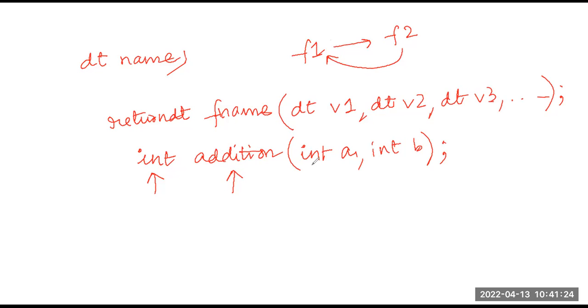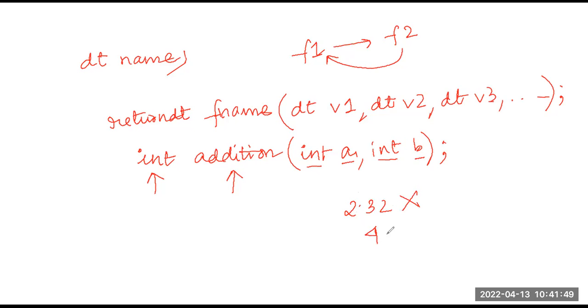And you can see data type and variable name, data type and variable name. These are the data types of the variables that will be passed from the calling function to the called function. Suppose someone is sending 2.32, this won't be executed.